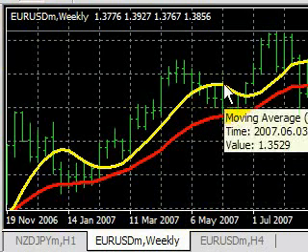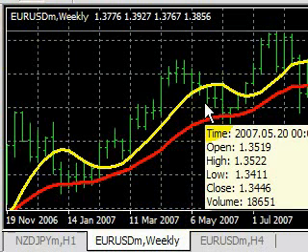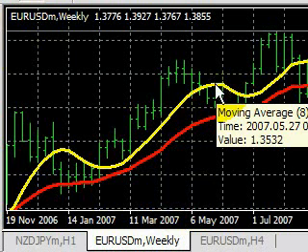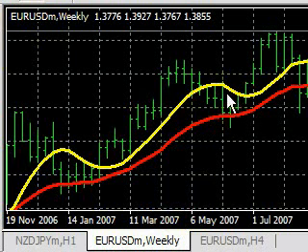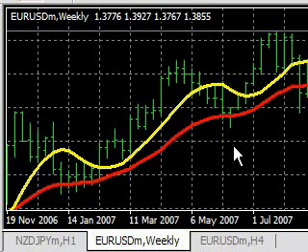It actually has a negative slope, and this one is about 0. Some people like to wait till the yellow, the fast moving average, crosses the red moving average and continues to move down before they really call it a downtrend, but I like to call this also a downtrend, so you will get a little bit more out of the system.